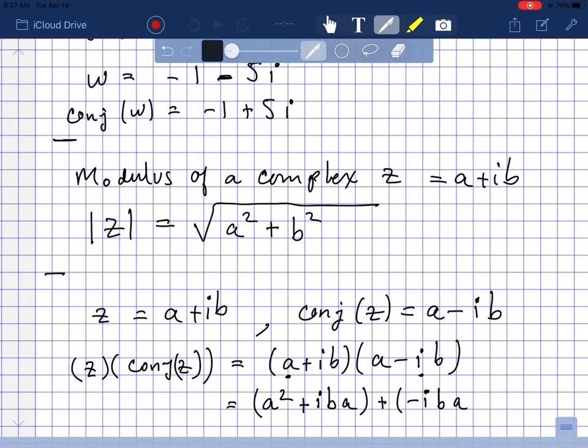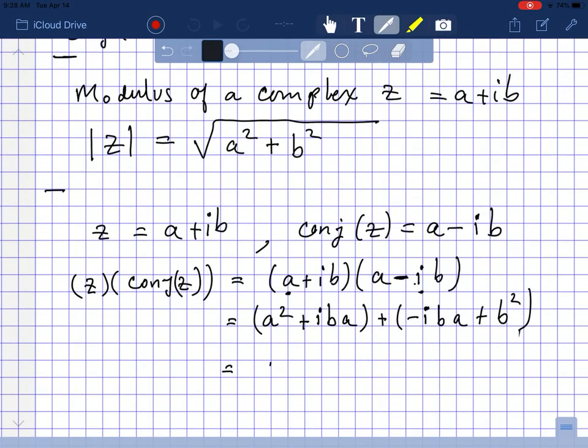And then I have minus b times, I have i times b times minus i times b. So i times i is equal to negative 1, times the negative 1 from the minus sign, times b squared. So this is just going to be plus b squared. And now look, this is equal to a squared plus b squared.